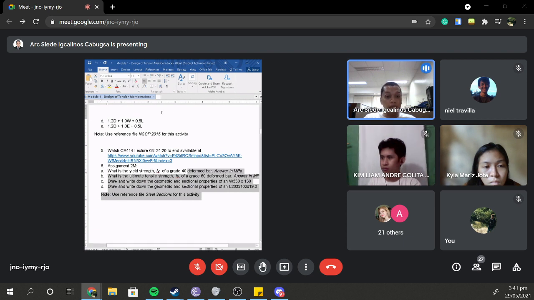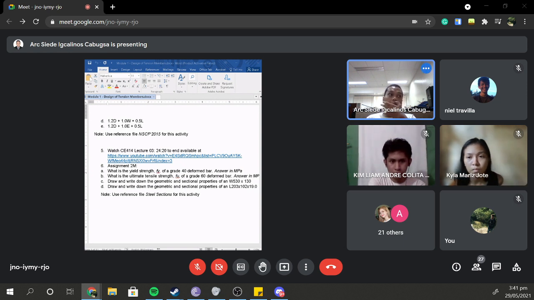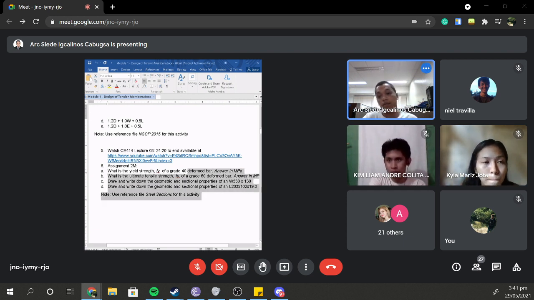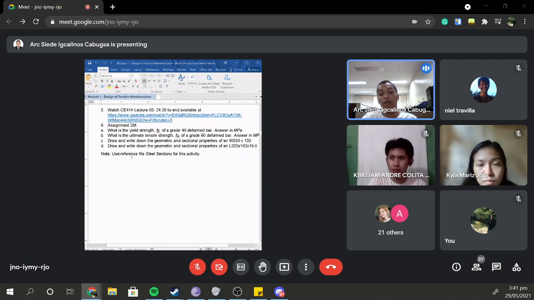This should be from strength of materials, but I forgot if you covered it. At least I'll introduce the table to you. Anyway, that's okay. Then I'll also upload the steel sections for this activity.